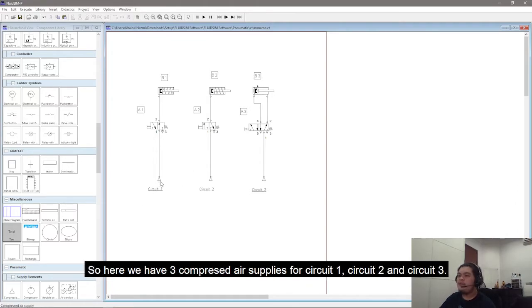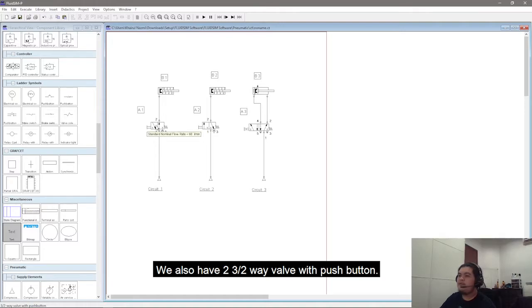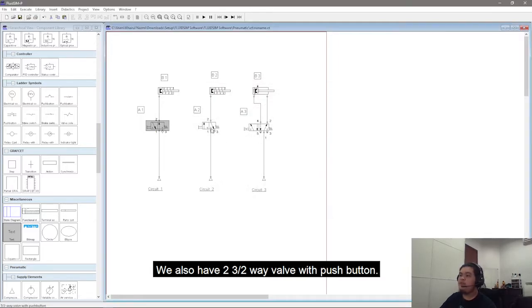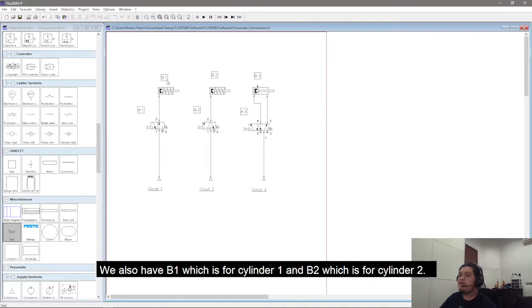So here we have three compressed air supplies for circuit 1, circuit 2 and circuit 3. And we have three two-way valves with push buttons. A1 and A2 are the same valve, and B1 is for cylinder 1 and B2 is for cylinder 2.